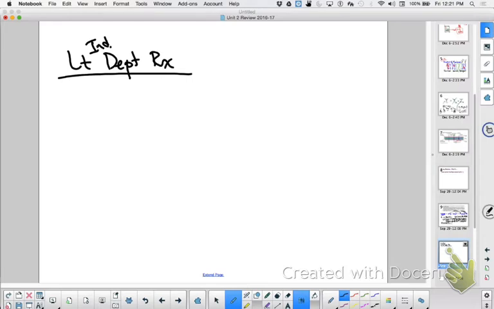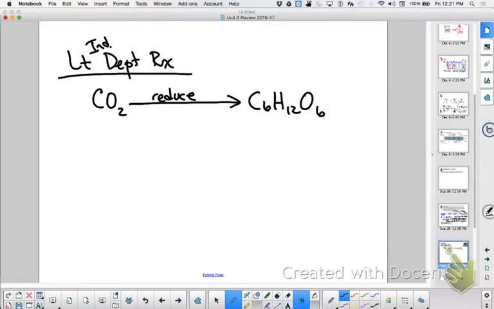You can always think, what do you start out with and what do you produce on both of these reactions? That's a good way to write it. So what do we start out with in the light independent reaction? Okay, CO2, good. And we're gonna do what to that? We're gonna reduce it into what? Good, okay, what else do we need to do the light independent reaction?